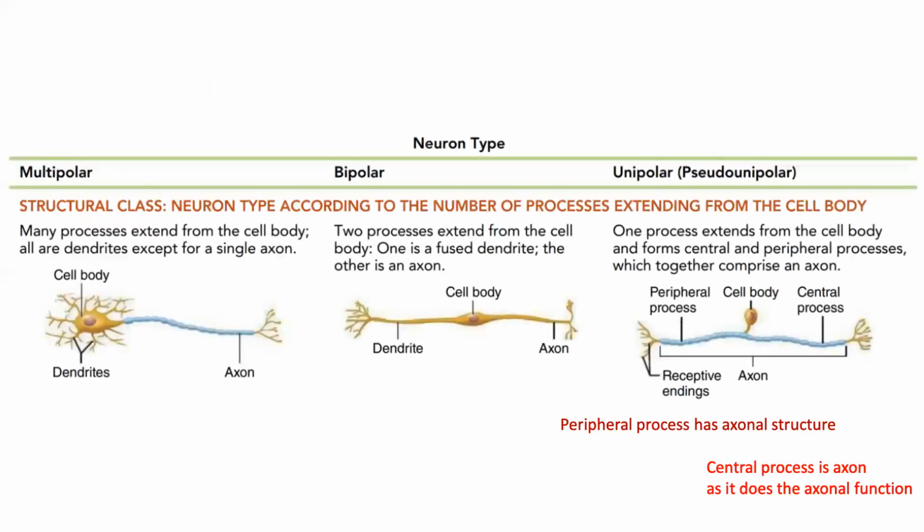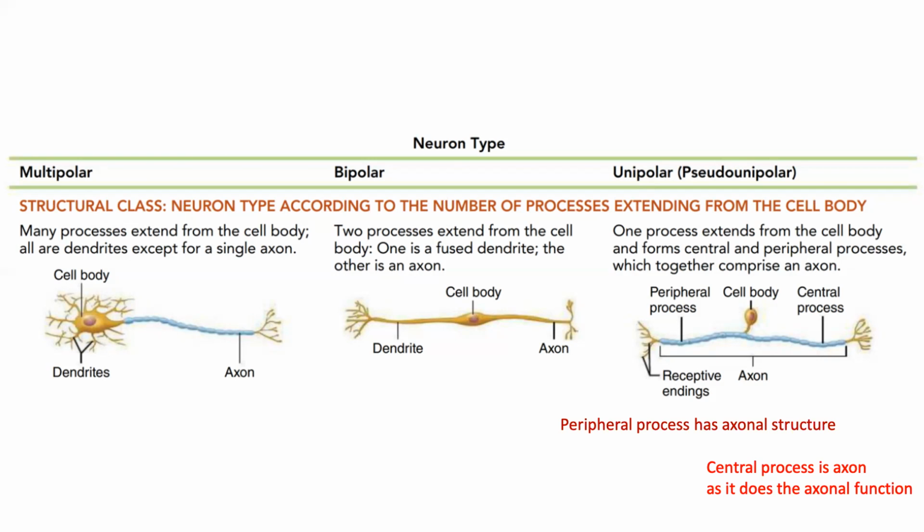And these are the different types of neurons: multipolar, bipolar, and unipolar neurons. If you search on the internet and type neuron, you will see these multipolar neurons. Of course, it makes about 99% of all the neurons, and therefore most of the internet search will show you this type of neuron.